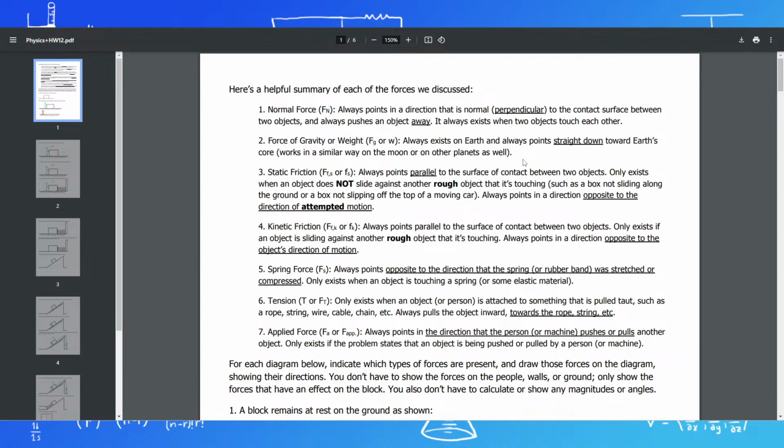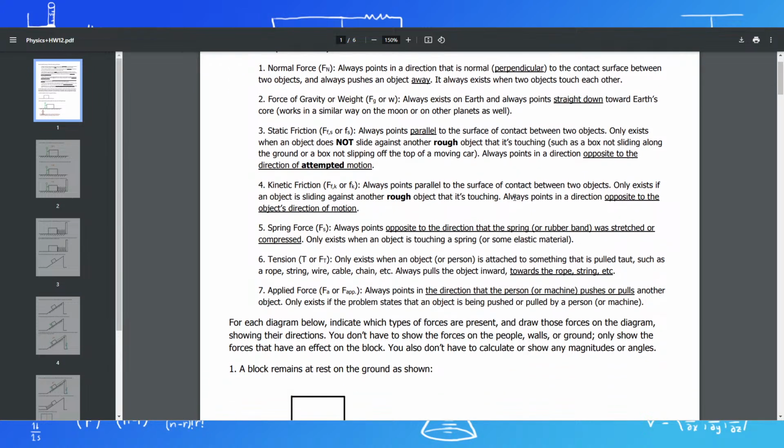We will deal with the other version of gravity in a later chapter. So for now, straight down. If an object exists on Earth, which is going to be our default assumption unless the problem tells us otherwise, we always draw a gravitational force vector straight down.